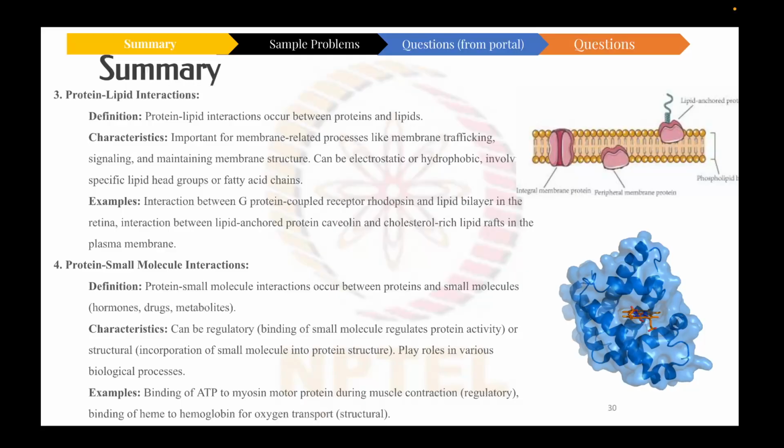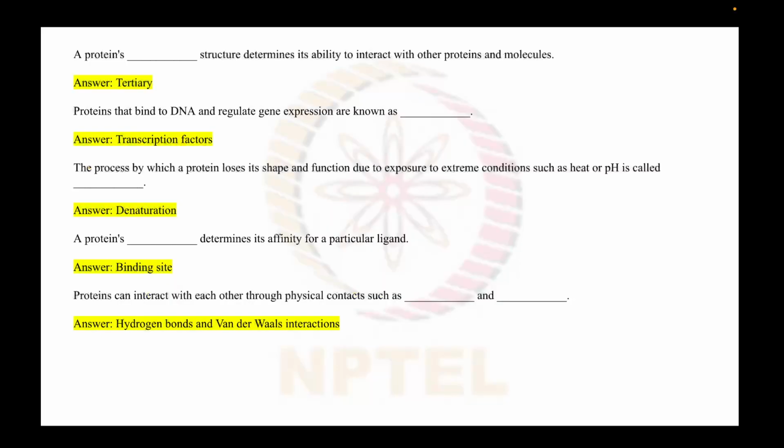Examples include the binding of heme to hemoglobin for oxygen transport and binding of retinal to rhodopsin. These small molecule interactions can also be studied by X-ray crystallography, NMR, SPR, biolayer interferometry, fluorescence-based assays and computational modeling.